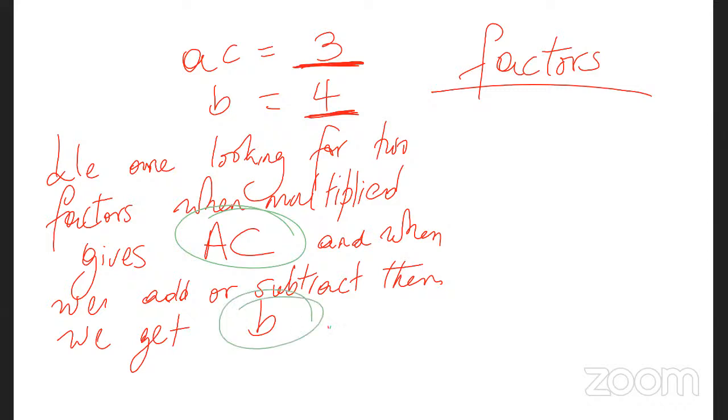All right? So we have 3 and we have 4. Sachin, tell me two numbers. When you multiply them, you get 3, and when you add or subtract them, you get 4.